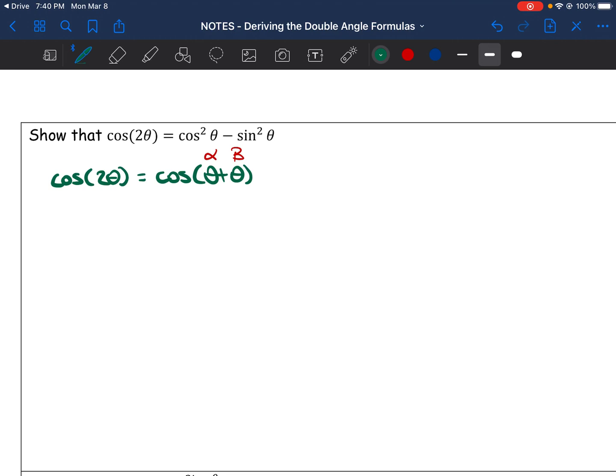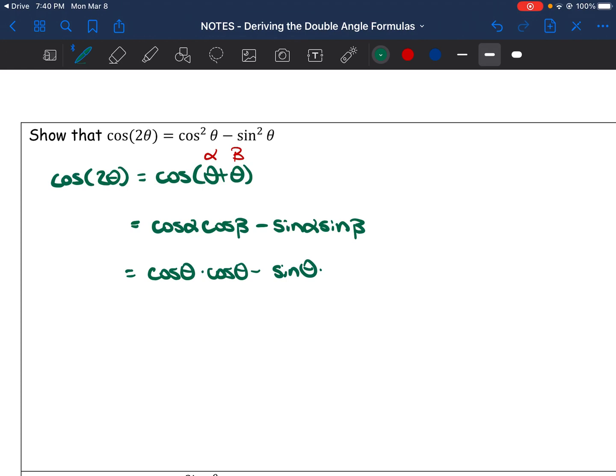Well, we know that the sum of angles for cosine is going to be cosine alpha cosine beta minus sine alpha sine beta. Well, again, both alpha and beta are theta, so this is really cosine theta times cosine theta minus sine theta times sine theta.